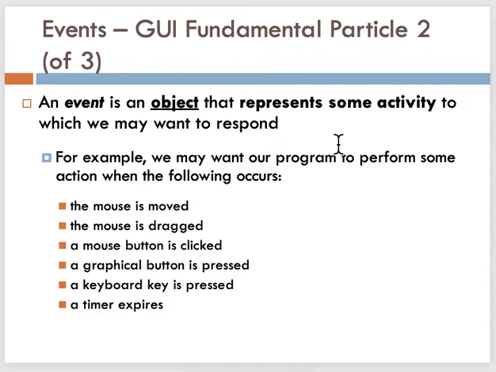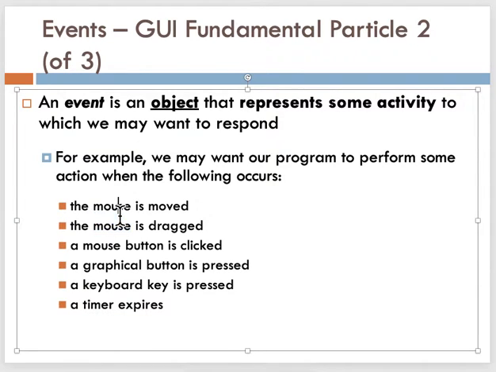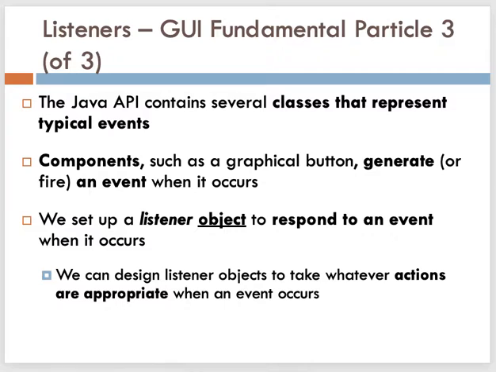So for example, you may want your program to do some action when some event occurs, like the mouse is dragged, or the mouse is moved, or the mouse button is clicked, or when a button is pressed, or when a keyboard key is pressed, or when a timer expires. You can check for all kinds of funky events, all of these and many more, and it gives you very fine-grained control of what happens in your GUI program as it progresses.